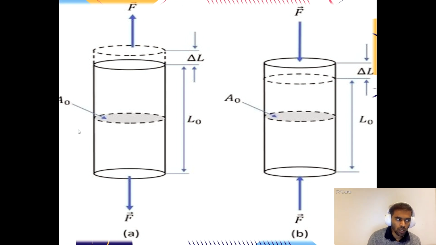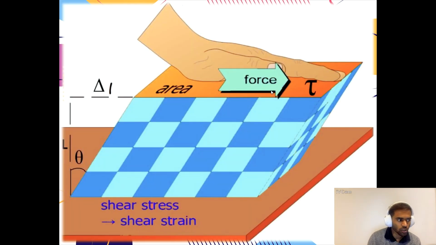In the case of tensile, the stresses will be pulling the material apart, and in the case of compressive, the stresses will be pushing the material together. You can also see this in a change in dimension, as here the length has increased and here the length has decreased. Next we'll be moving on to shear stress.